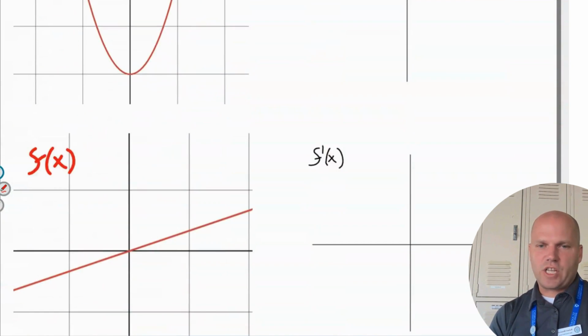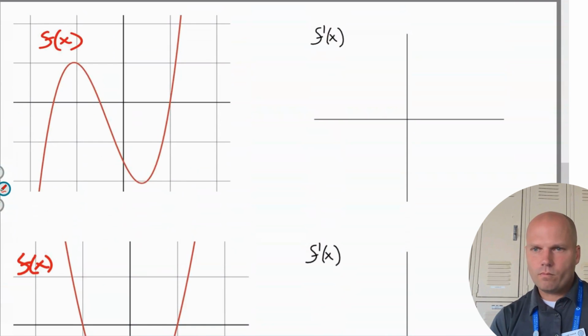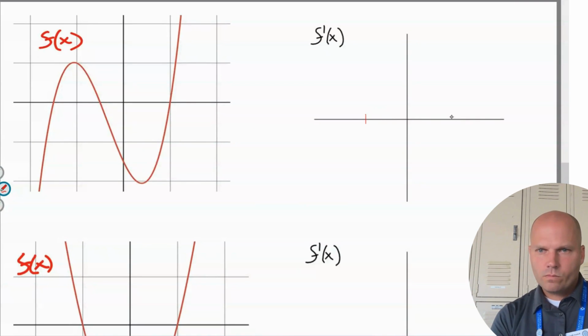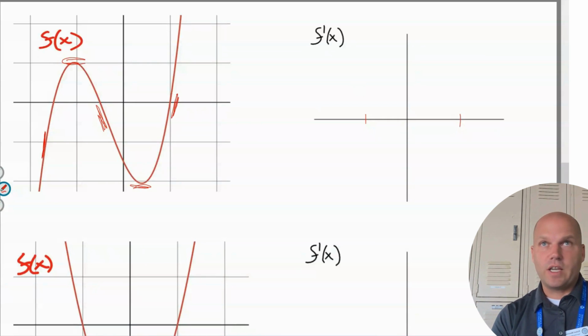A couple more. Let's just go quickly through these. Positive, 0, negative, positive. I'm just going to do 5 points. So to the left of -1 and between -1 and 2, I have a very positive slope.